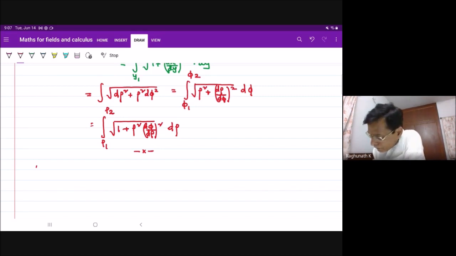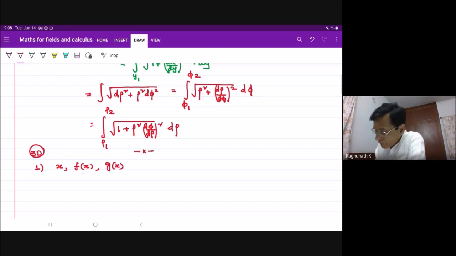Number one, in 3D. One case, the other cases basically will follow. X independent, f of x is y, g of x is z. This is y, this is z. Can be given like this, a curve.